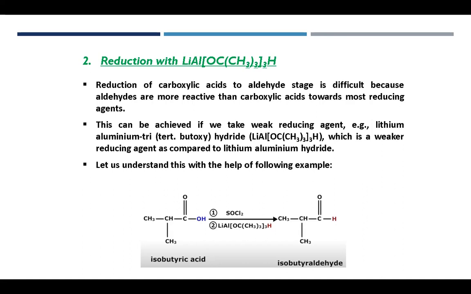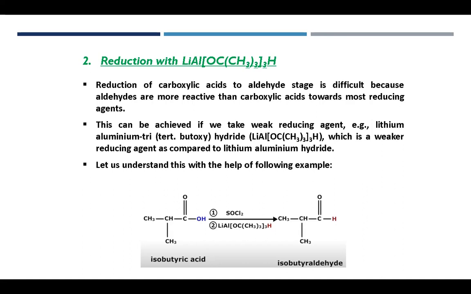Acid chlorides are strongly activated towards nucleophilic addition, due to the -I effect of Cl. Hence, it will convert acid chlorides to aldehydes, without further reduction to alcohol. In these conditions, the aldehyde reduces more slowly, and can be easily isolated, without the problem of getting converted into further alcohol.